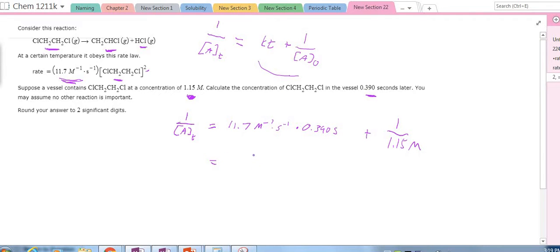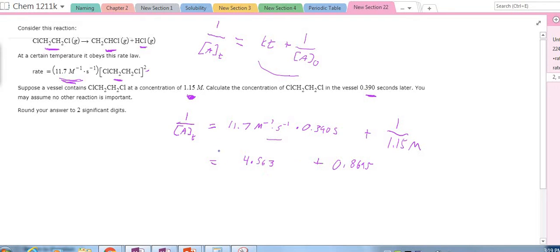So I have 1 over the concentration of A at a given time, and when I do this math in here, it gives me 4.563 plus 1 over 1.15, which is 0.8695.